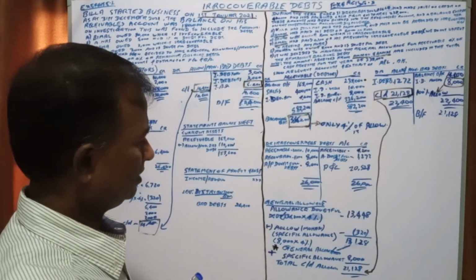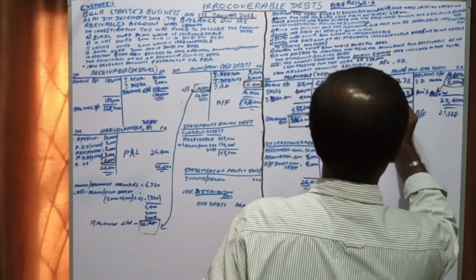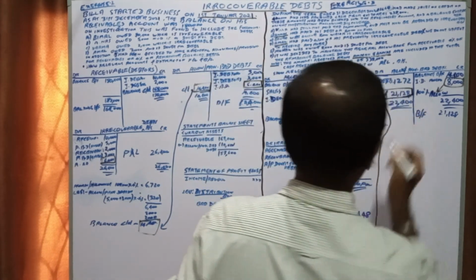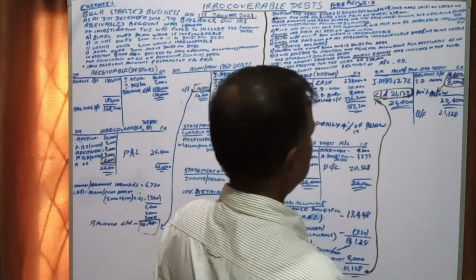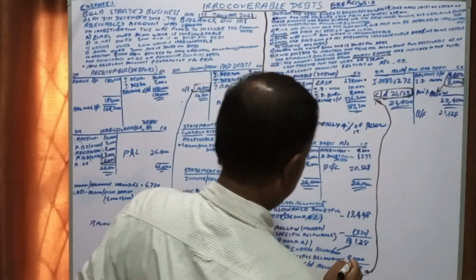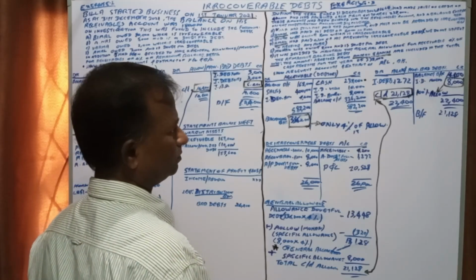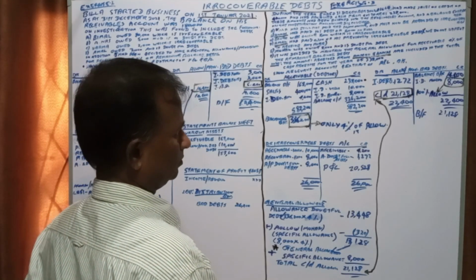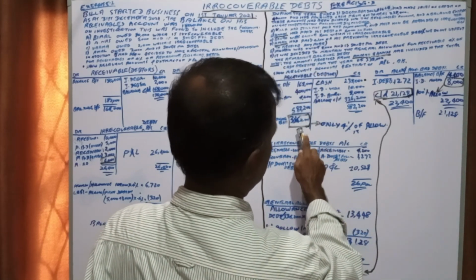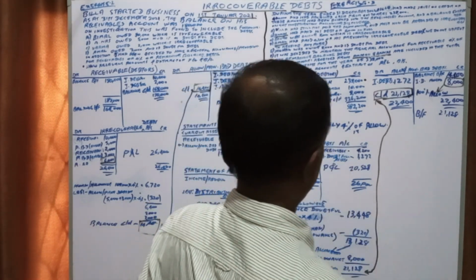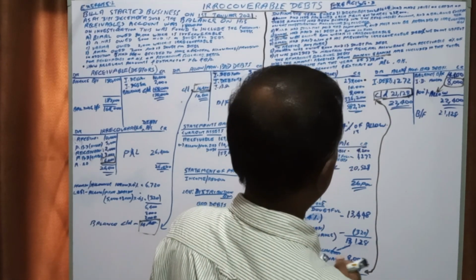Understand? This is the 21,000. This is the way we have calculated this one. This 8,000 is here. We have added the 8,000. Understand? And this 36,000 is only the 4%. This 8,000 is here.